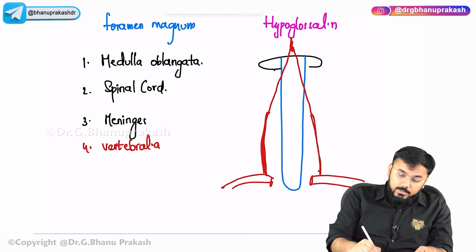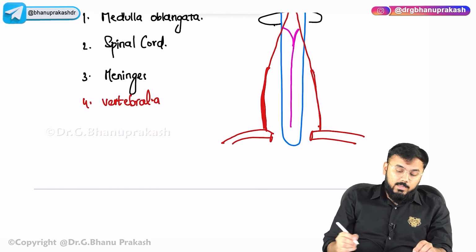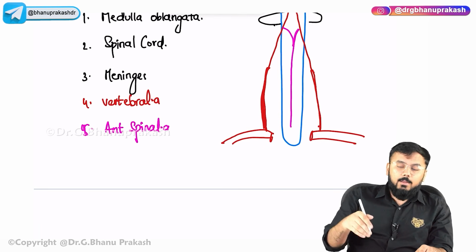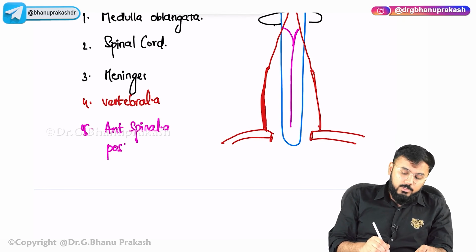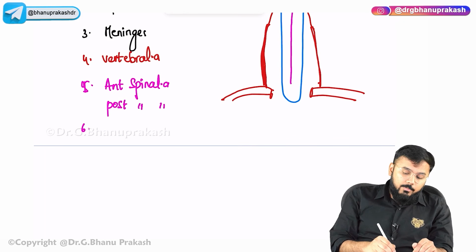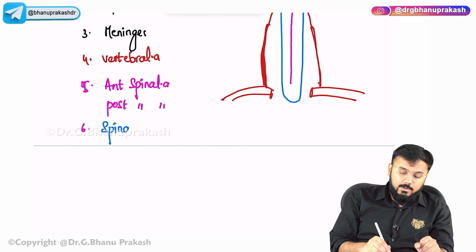From these vertebral arteries, you see two branches are coming down, and they are supplying the anterior part of the spinal cord. This is the anterior spinal artery. For the back of the spinal cord, that is the posterior spinal artery: anterior and posterior spinal artery. And remember this last important thing, that a nerve passes there called the spinal accessory nerve.